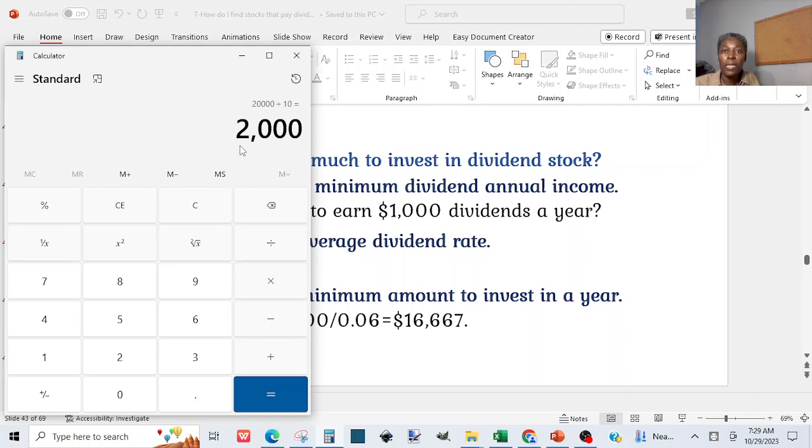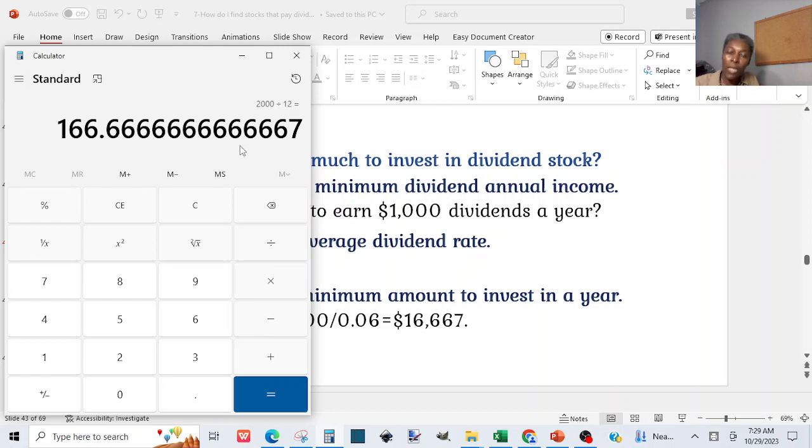So every year you need to invest $2,000. How much a month then? You take that 2,000, divide it by 12, and it gives you 166.67. So every month you need to invest $167 in your brokerage account.